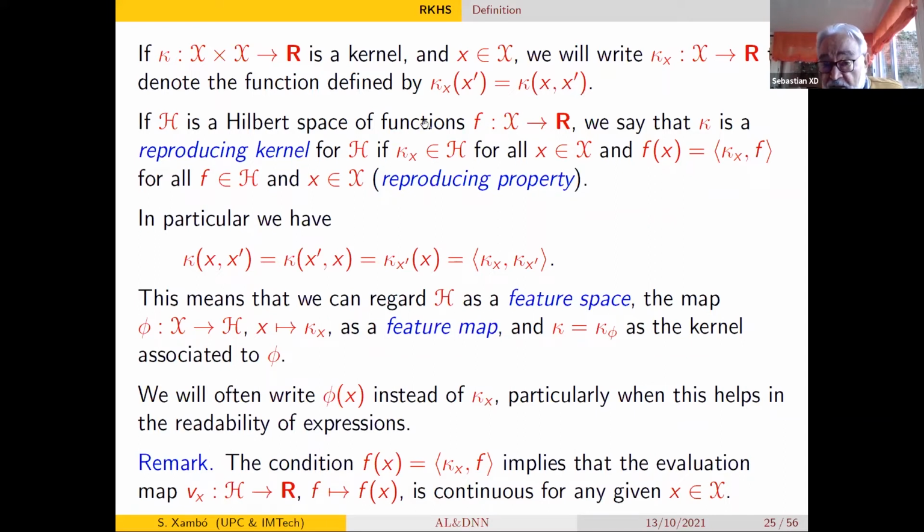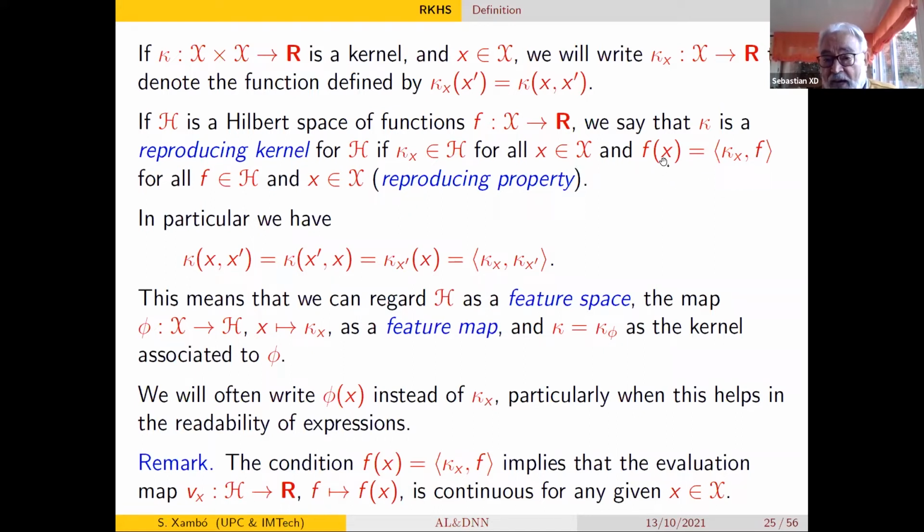Now, suppose that you have a Hilbert space curly H whose elements are functions from X to the real numbers. If you have that, then you say that kappa is a reproducing kernel for curly H if this function kappa sub x belongs to the Hilbert space for any x in X, and this is the fundamental relation.